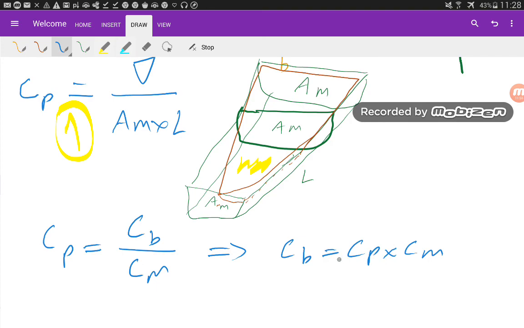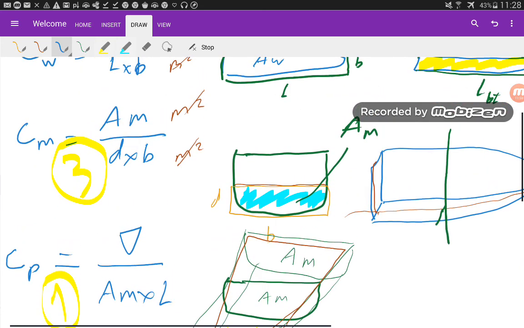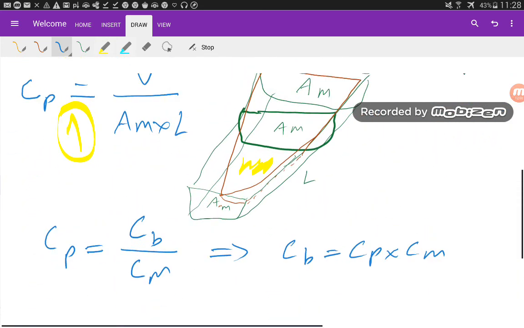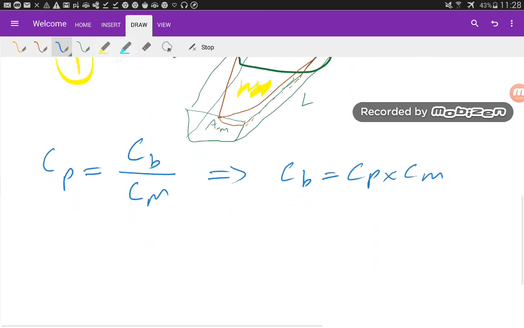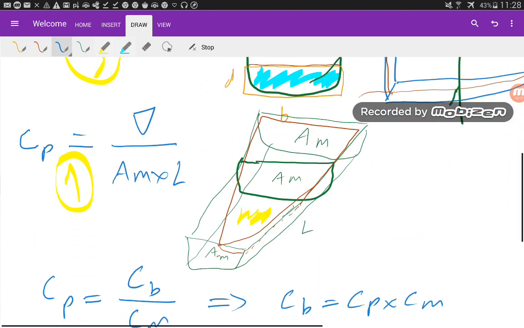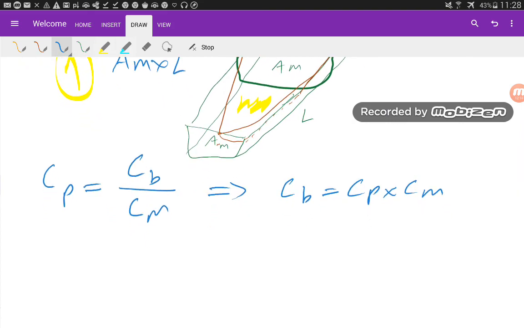So if we have two of these coefficients, we can calculate the third one. We will also review the coefficients in the hydrostatic data tables for vessels. There is some practice in your booklet. You can try to practice with the coefficients in your booklet.